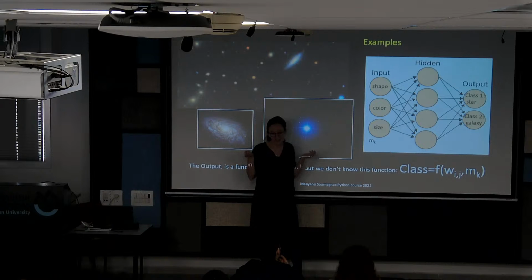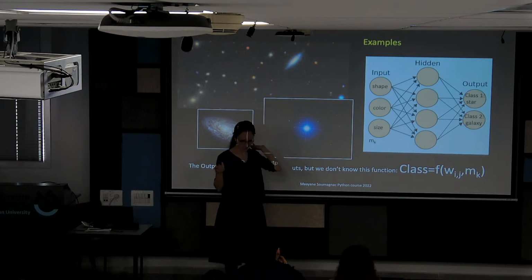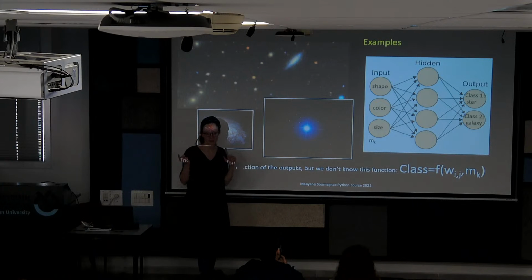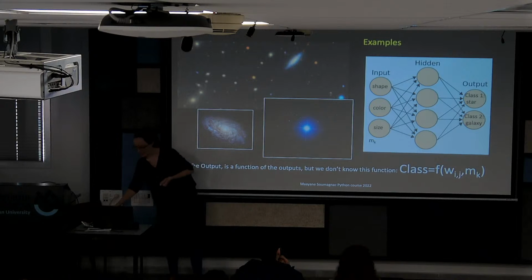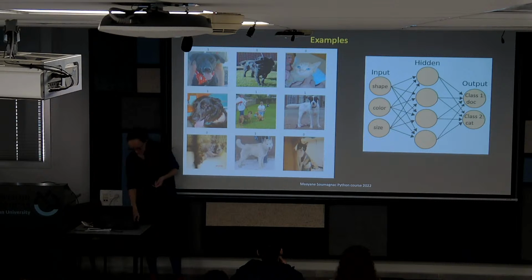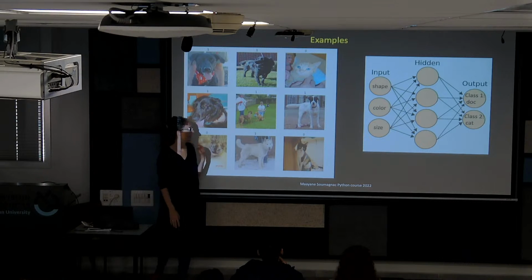At the end, it will perform better if you give it relevant information. But you can throw at it whatever information you want, and it will learn for itself which one is the relevant information. So another example, which is the example that my computer is now running on and being very slow.